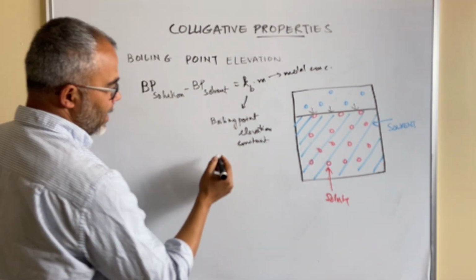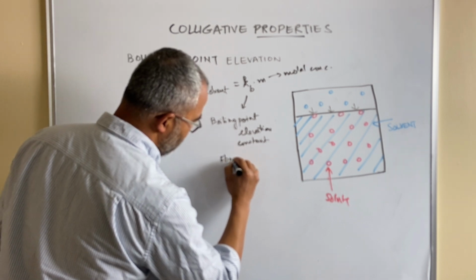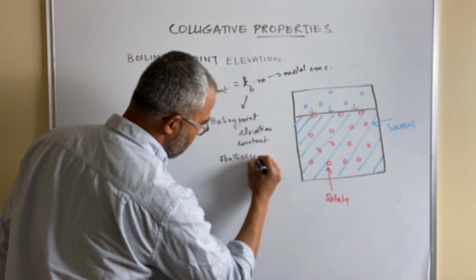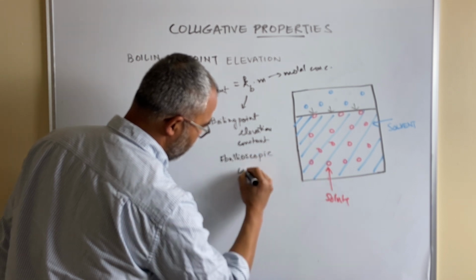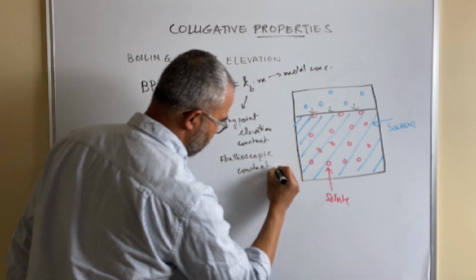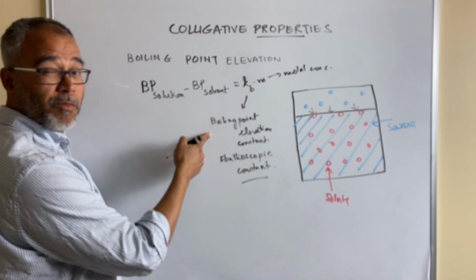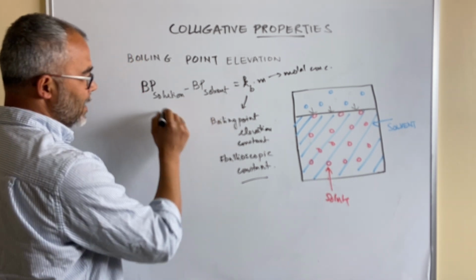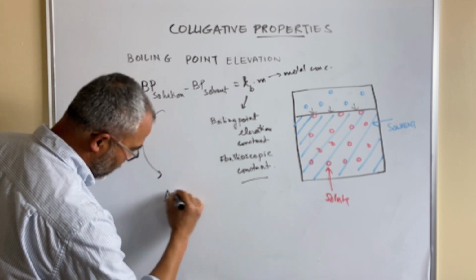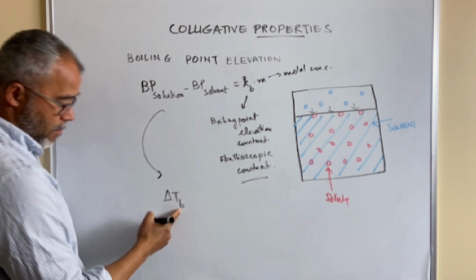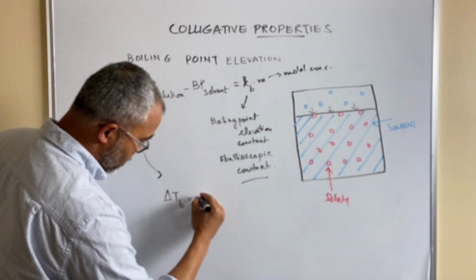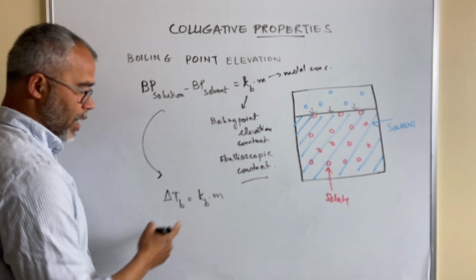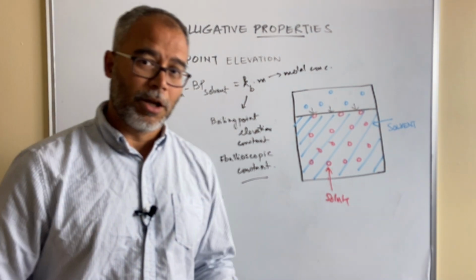Okay, and then another term for this is called ebullioscopic, E-B-U-L-L-I-O-S-C-O-P-I-C. Ebullioscopic constant. Okay, you'll probably see this more often, but you might see this in some old books. So this entire thing can be condensed to a form of delta, so that's the change in boiling point is equal to Kb times m. And you'll have to use this formula in a lot of problems.